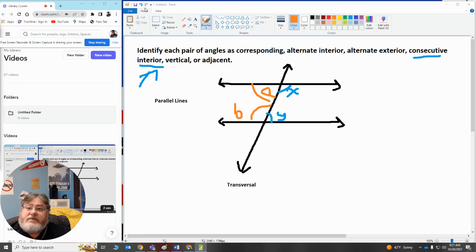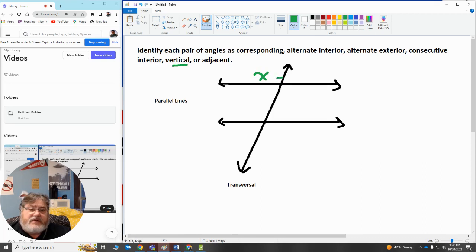Our next angle that we're going to cover would be vertical angles. All right, we'll do vertical angles. We'll use green to use vertical angles, okay? Let's start with this, angle X, okay?